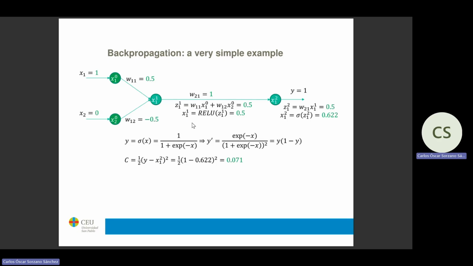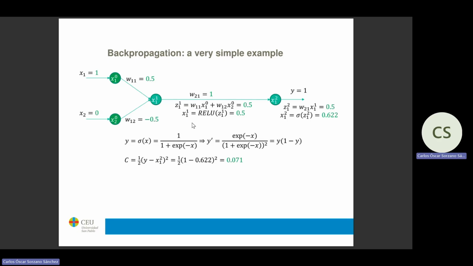And now we go through the nonlinear function of the output layer. And let's say that that function is the logistic function. So sigma applied to 0.5 is 0.62. And this is our output. Our desired output is 1. So it is not that far from 1, but it is not 1.